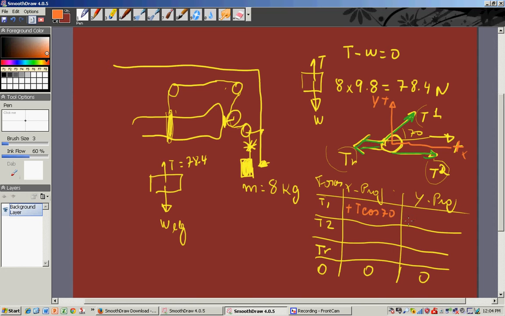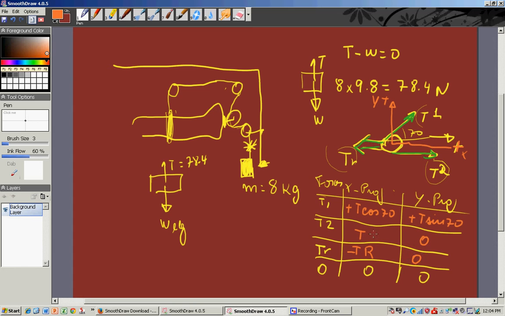That's my positive x-axis. That's my positive y-axis. And then you ask the question, how does T1 project in x? Well, T1 is going to project in x as positive T cosine of 70, and positive T sine 70 is how it goes to the y direction.